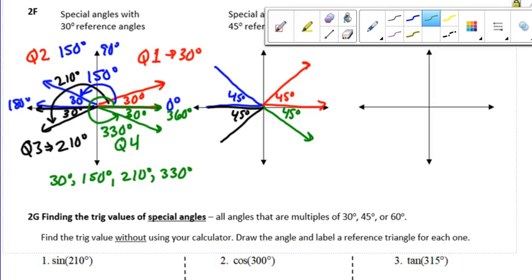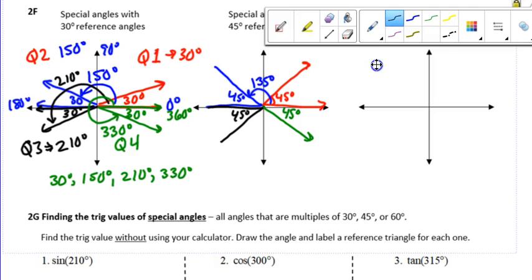Well, clearly in quadrant 1 we have a 45-degree angle. In quadrant 2 we have the angle that goes all the way from here to here, which is 90 degrees plus another 45. This angle is 135 degrees.